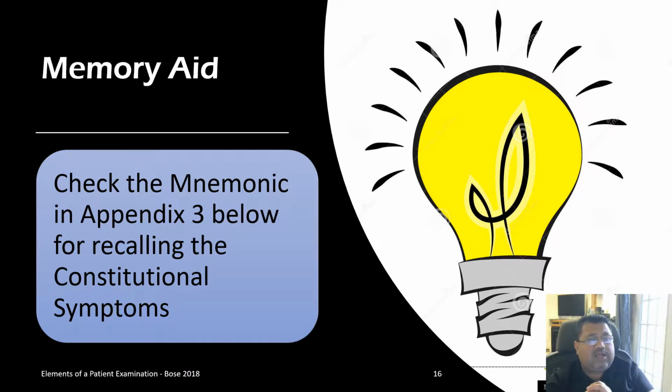Further on, in Appendix 3 below, I have given you a memory aid to remember constitutional symptoms. So after you have reviewed constitutional symptoms, look at Appendix 3, which gives you a recall mechanism for remembering what constitutional symptoms are.